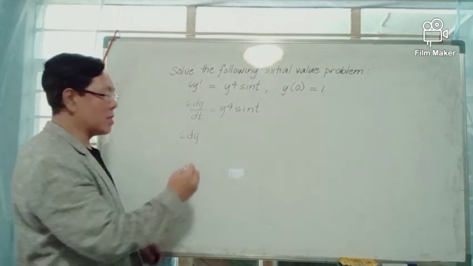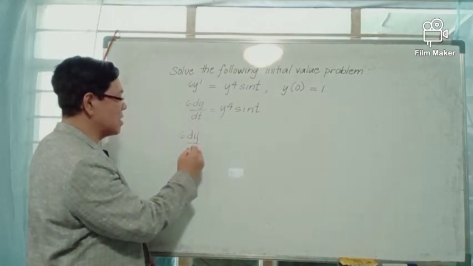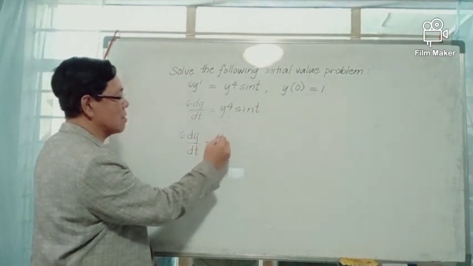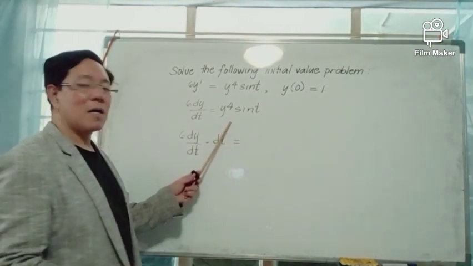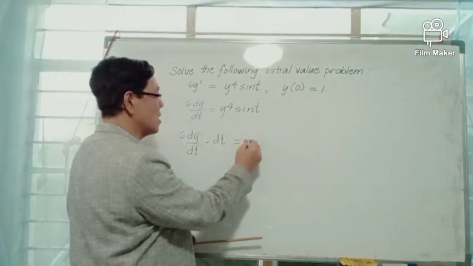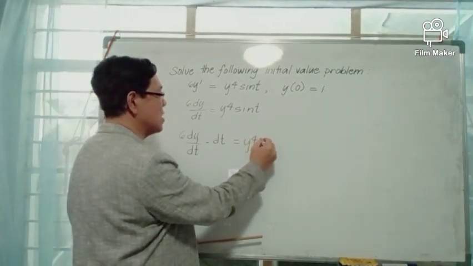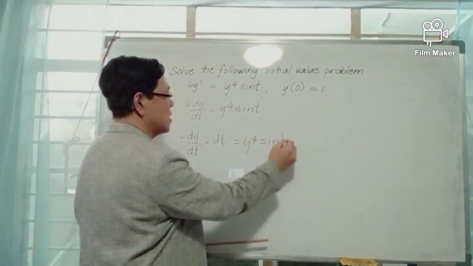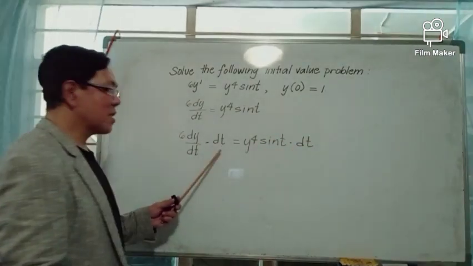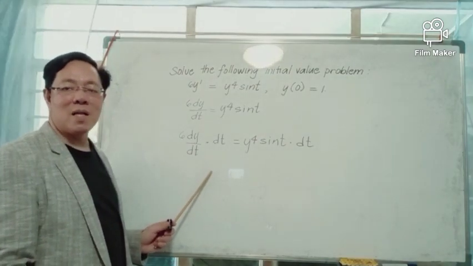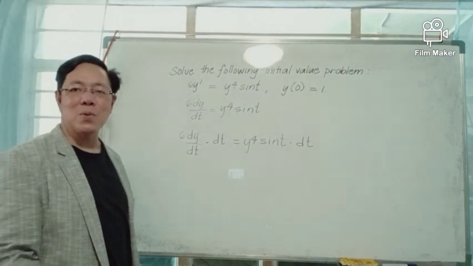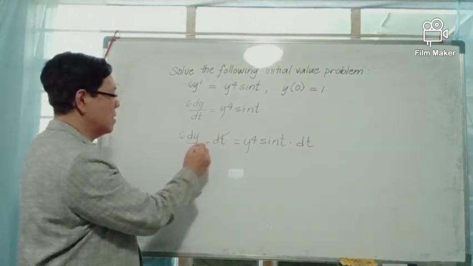The right-hand side, y raised to 4 sine t, we also multiply by dt. And dt over dt simplifies to 1.